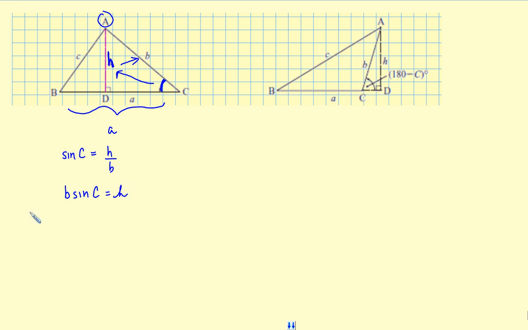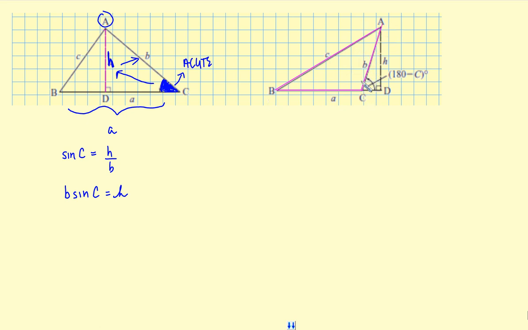Having done that, I'm going to take a look at this from another perspective, because the angle I've used up till now, angle C, was an acute angle, which I used as my point of reference. But let's assume that the triangle I'm using is this one here, ABC, which I've done in pink.